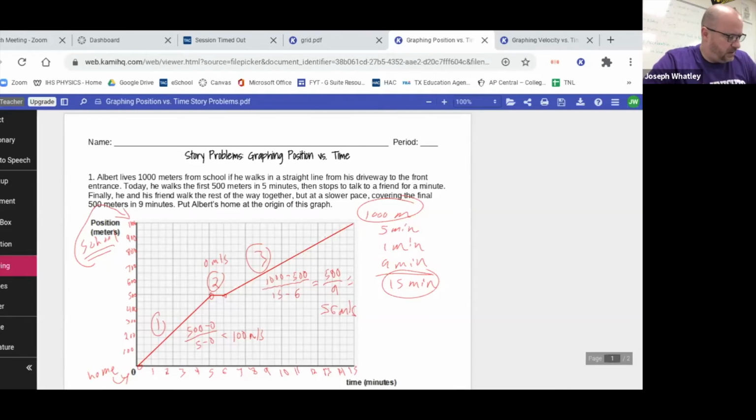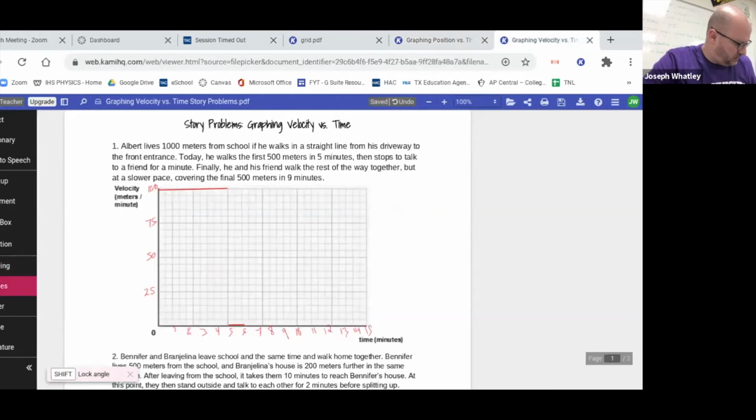It's 0, and it goes for 1 minute. So I need to come back down here and draw it. Actually, it's drawn from first period, still sitting there. So I've got this 1 minute at 0, and I can connect those 2 graphs. So Albert goes from 100 meters per minute to 0 meters per minute. This is while he's standing still.